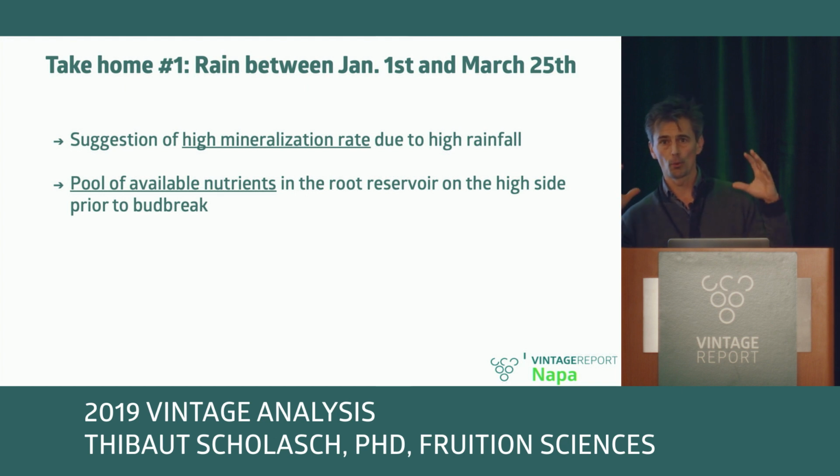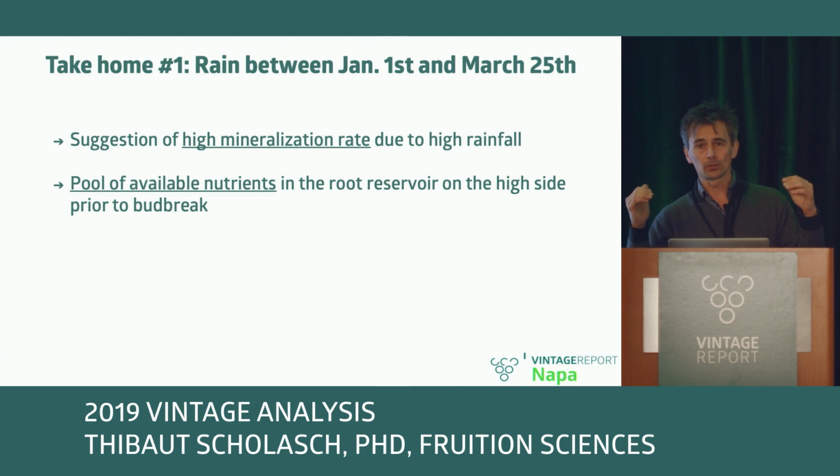That means that the pool of plant-available nitrogen at the start of the season will be high. That means that it's unlikely to observe deficit in nitrogen uptake, at least from an initial pool of nitrogen standpoint. I'm not talking of how well this nitrogen will circulate, but I'm saying that the initial pool is expected to be large.